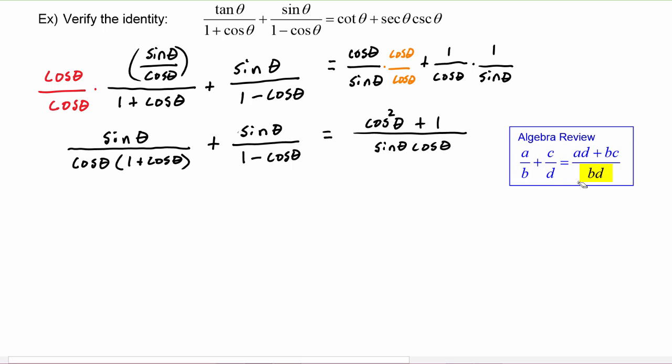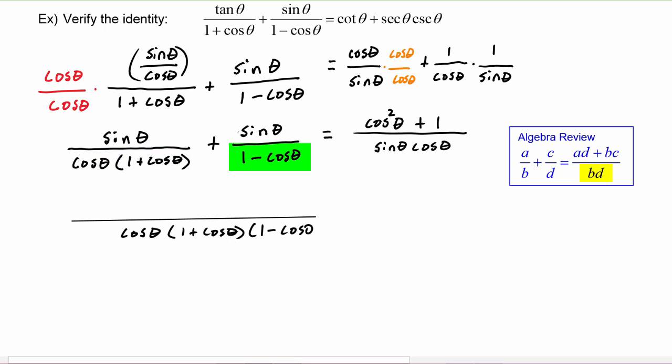We know that our new denominator is going to be the product of the two denominators that we have. So we have cosine theta times 1 plus cosine theta times 1 minus cosine theta.